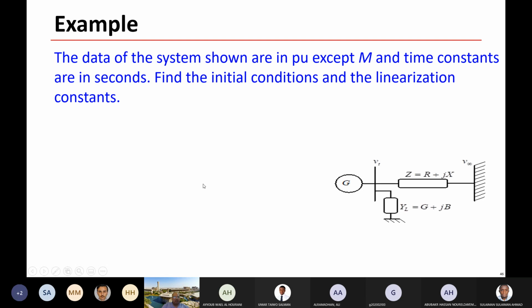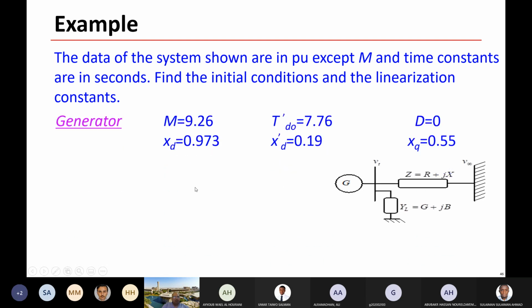Okay, so this is an example to find the constants and the initial conditions. You are given the generator parameters as such.